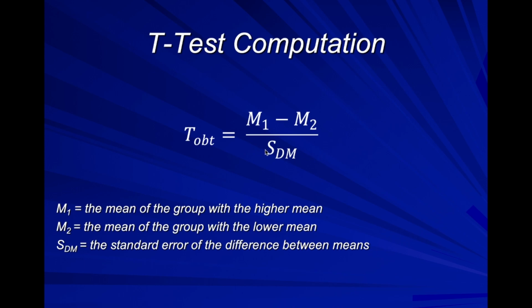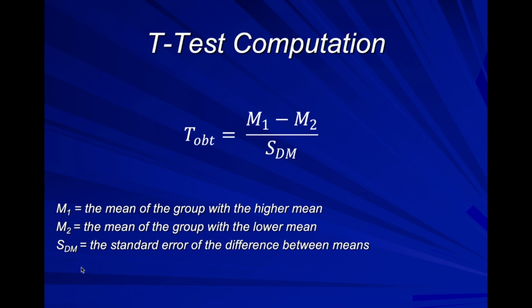And then the SDM stands for the standard error of the difference between the means. Like when you did the z-score formula, if you may remember, this looks a bit like that. The z-score formula was X minus mean 1, or you could flip them around, divided by the standard deviation.